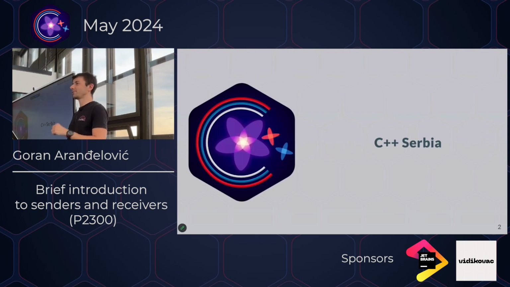Okay, but before we actually start, we didn't have this one in the previous month, I think, and this is our new logo. I don't know if you like it or not, but there are various opinions. I must say that I really like our new branding.